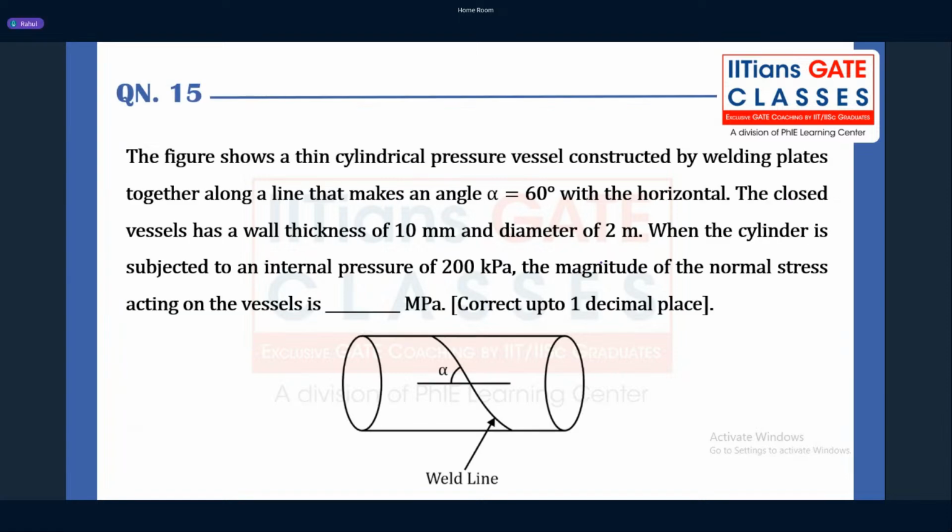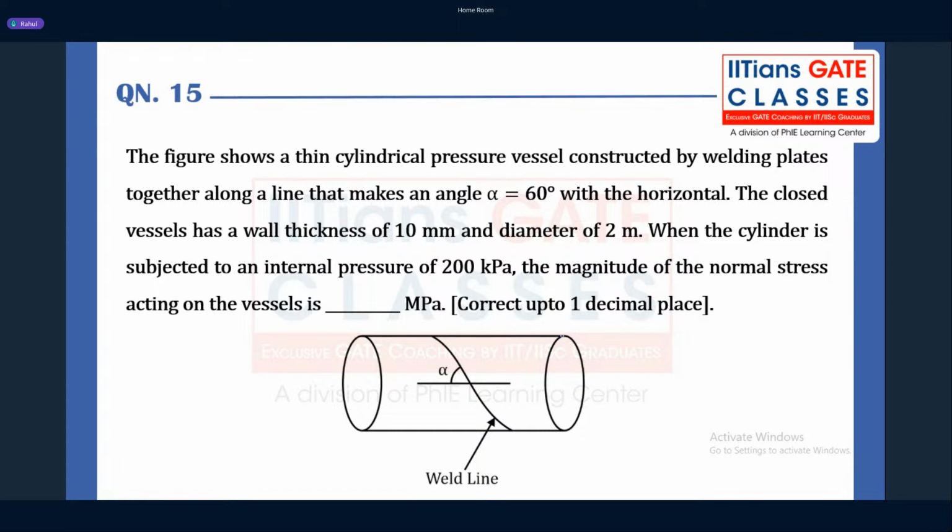Again, this question is from strength of materials. The figure shows a thin cylindrical pressure vessel constructed by welding plates together along a line that makes alpha equal to 60 degrees with the horizontal.